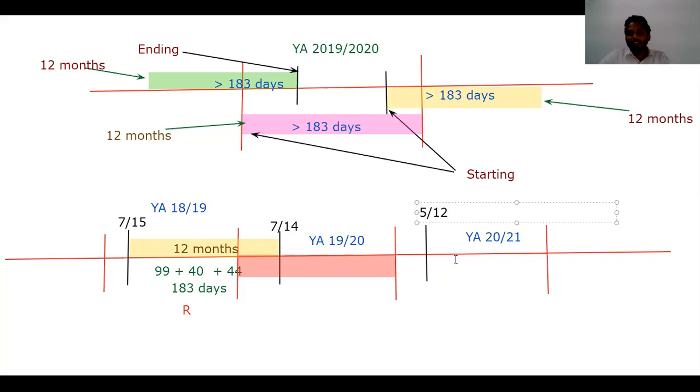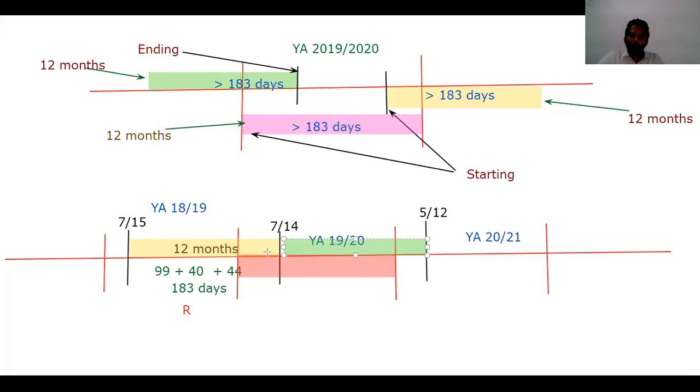May 12. Then what he needs to do is, because this is ending like we discussed here, ending part. Here also he is ending. Then we need to come back again, backward, and see whether he is completing 183 days in this 12-month period.